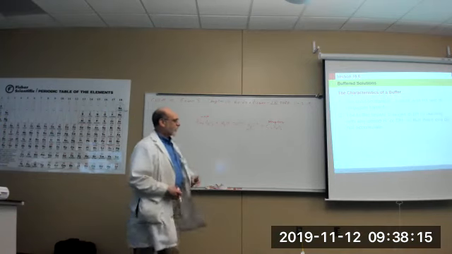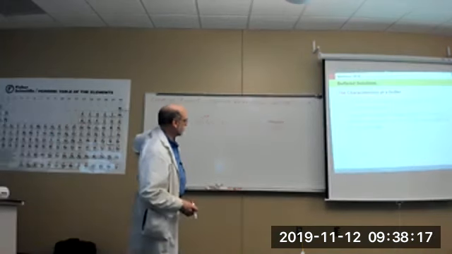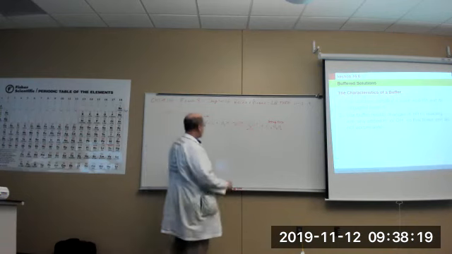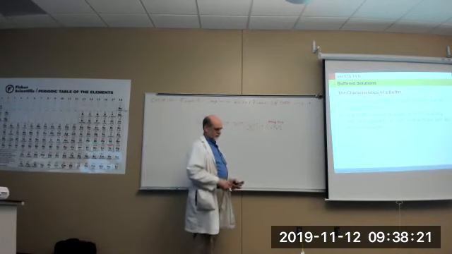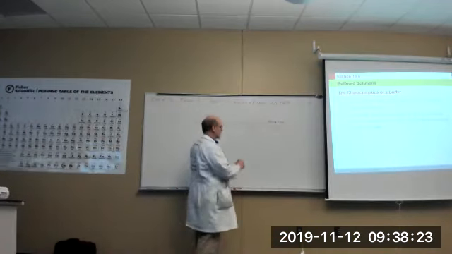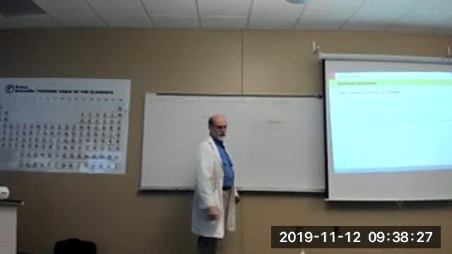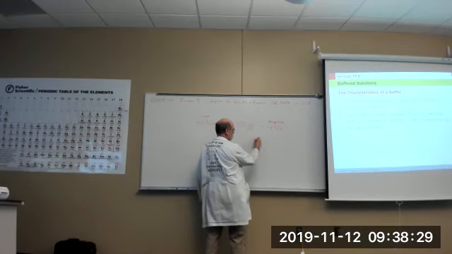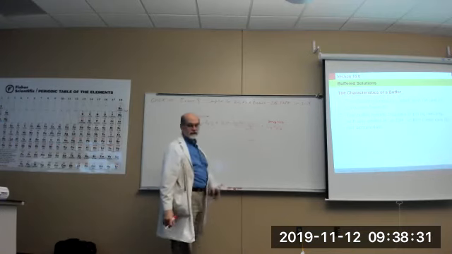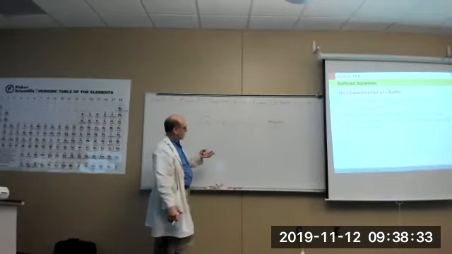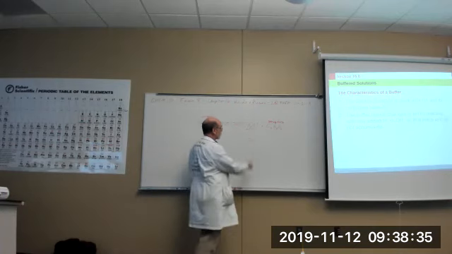Now adding a base is a little trickier to understand. So what if we add a base? Let's say for argument's sake, we add a base in the Arrhenius model, so it has hydroxyls, like sodium hydroxide. What is it going to do? Well, it's going to react with this one.